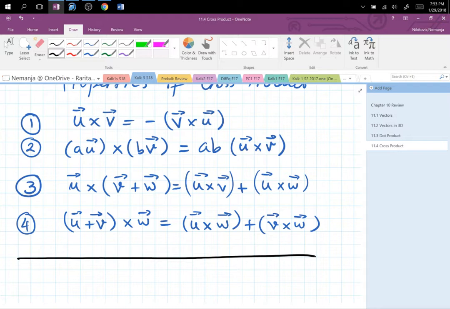Now, what would cross product produce? Well, first off, from the formula, we clearly see that it produces another 3D vector, right? But it produces a really specific 3D vector.